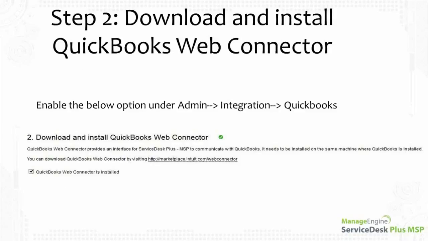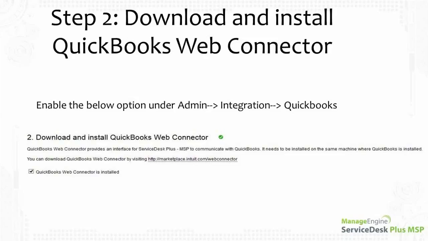So let's get into this QuickBooks Web Connector, which is the second step. Once you're done with the modules and their selection and the fields mapping, now you will have to download and install a tool called QuickBooks Web Connector, which is an intermediate application which will help you to contact QuickBooks from ServiceDesk for MSP application.